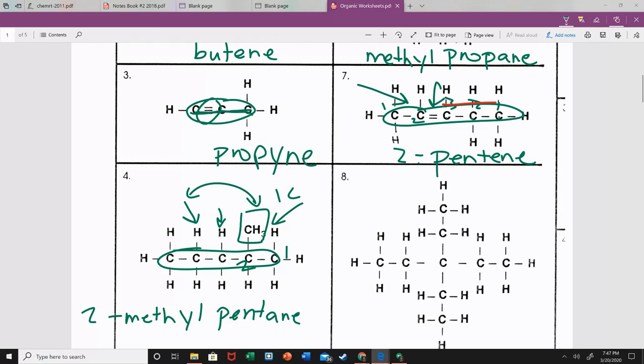We're going to count the longest chain of connected carbons, in as many possible directions as you can. So 1, 2, 3, 4, 5. Okay, 5 in that direction. Now let's go backwards. 1, 2, 3, 4, 5.